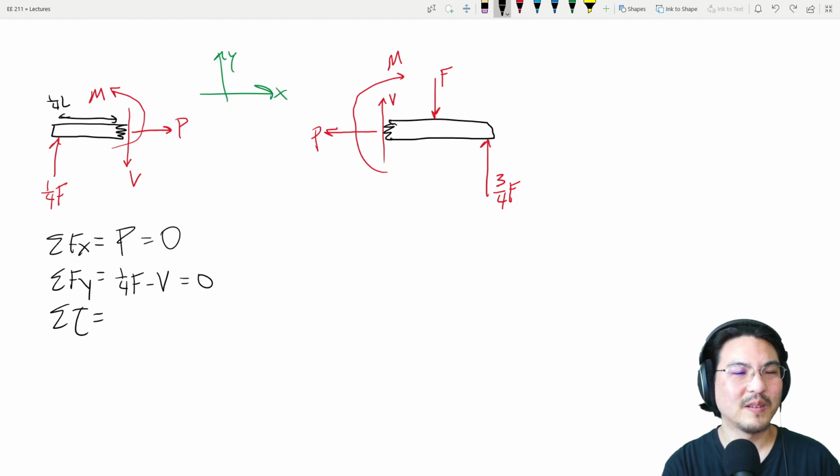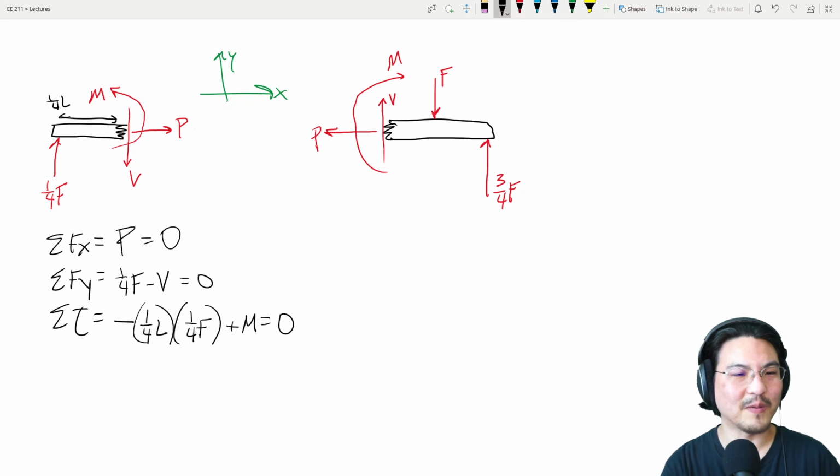So torque about over here. So there wouldn't be torque from this or this, only from this, which would be in the negative z direction. So negative 1/4 L times 1/4 F. And then let's not forget this couple, which is in the positive z direction.